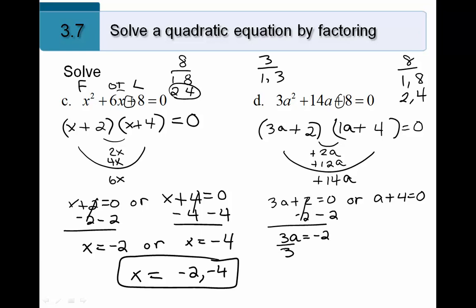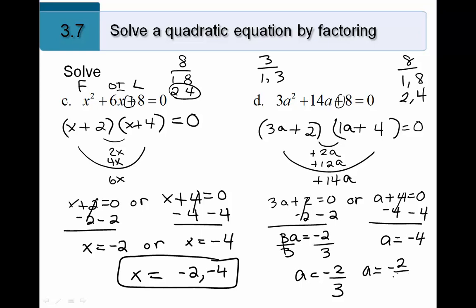I will divide both sides by 3. So a is equal to -2/3. If a plus 4 is equal to 0, I will subtract 4 from both sides. a may also equal -4. So our two solutions are a equals -2/3 and -4.